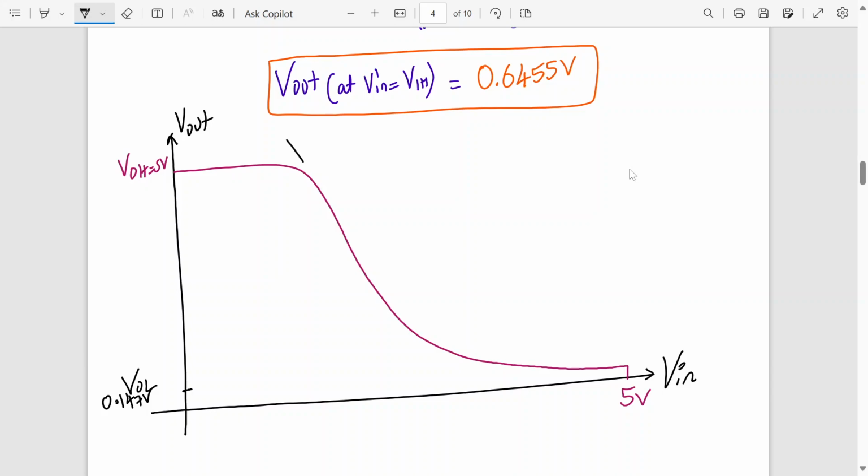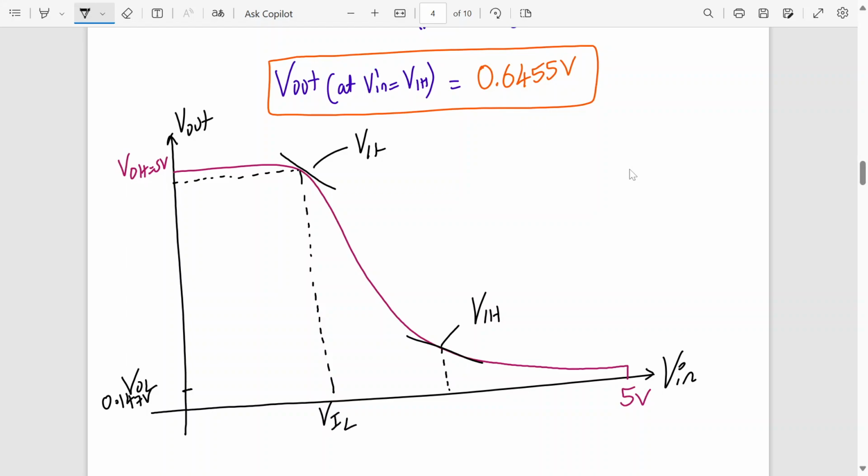And wherever the slope is minus 1, it will be VIL, and here also it will be VIH. Okay, we extrapolate it down. Correspondingly, we find the value of V out when V in is equal to VIL.